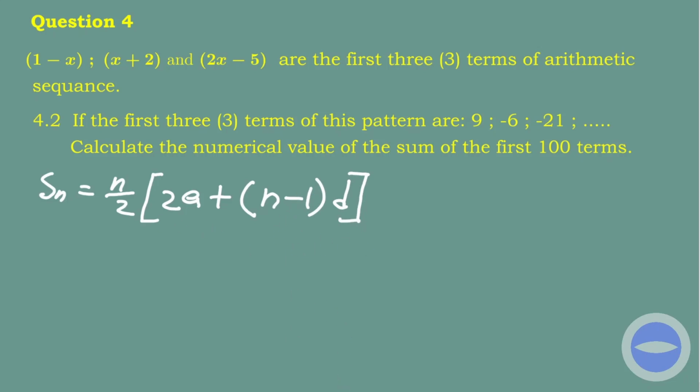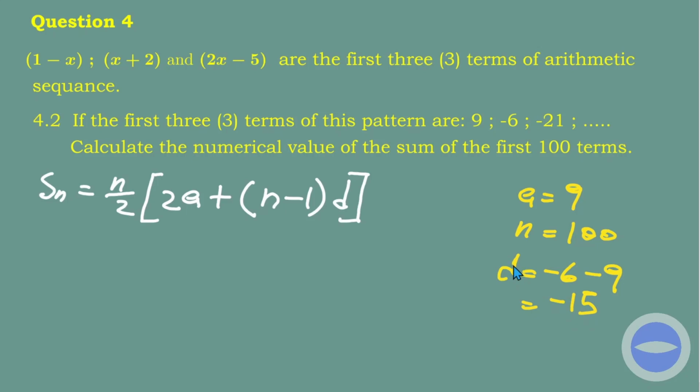So now I have to take out my data. a is the first term, so a equals 9, and n is the 100th term, so n equals 100, while d is t2 minus t1, or t3 minus t2, so d equals minus 6 minus 9, which makes minus 15.